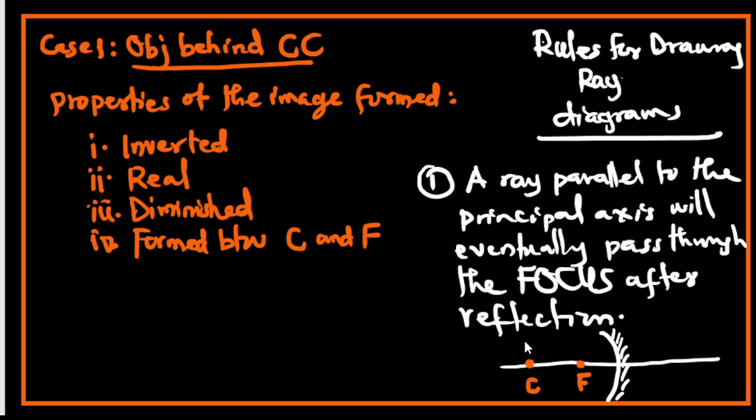The rule is telling us that if you have a ray that goes parallel to the principal axis, we all expect the ray to be reflected after meeting the mirror. It's telling us that the reflection will not just go anyhow. It will always pass through the what? Principal focus. Can you see that? That's the rule.